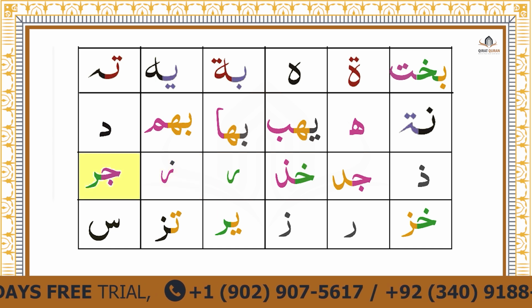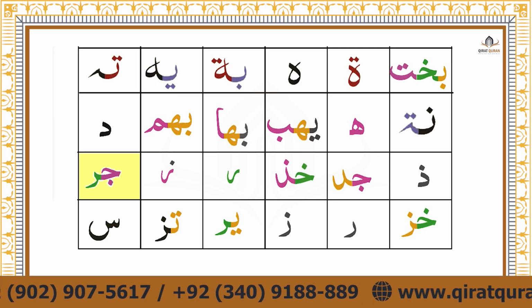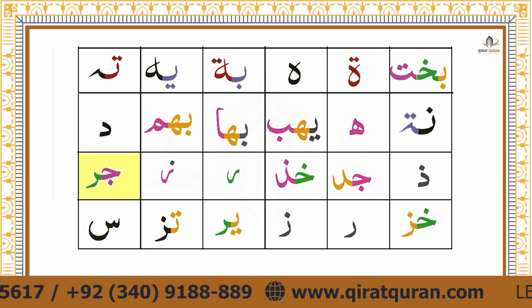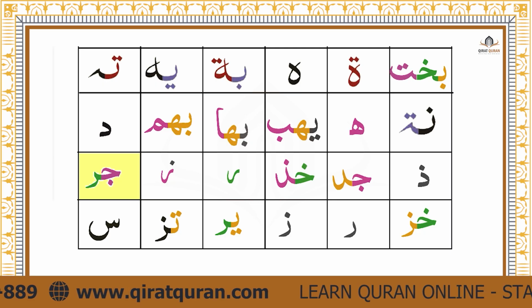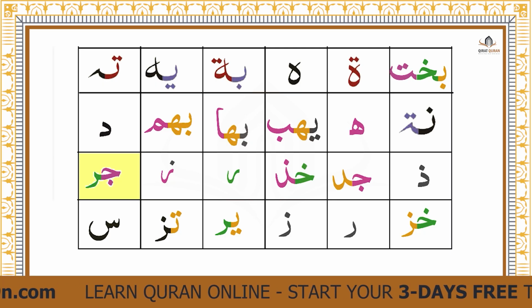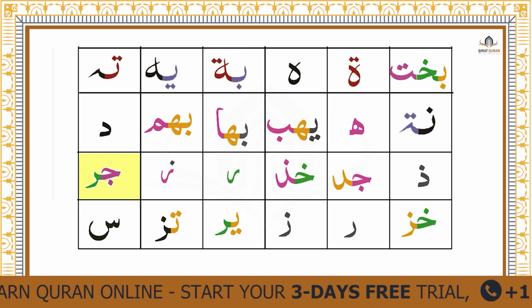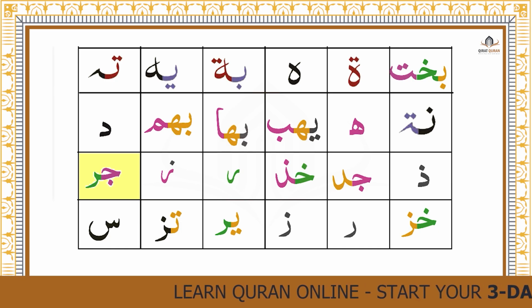There are two letters. The first one, by looking at the formation of this letter and also the dot at the bottom, we know that this is jeem. The first letter is jeem, the purple one, and then this green one is ra. Ra has two writing styles.